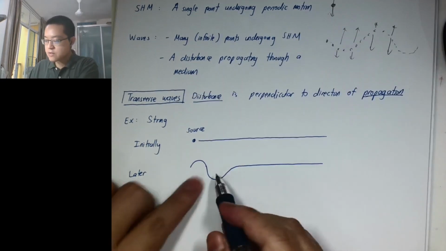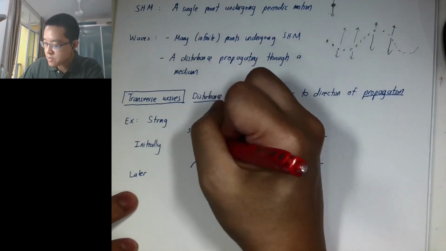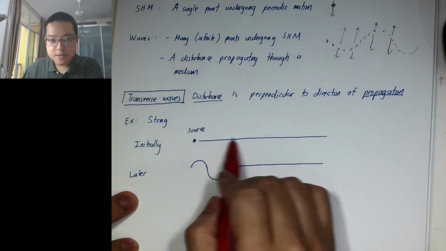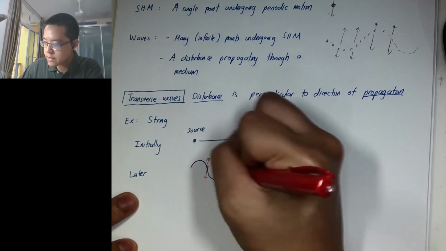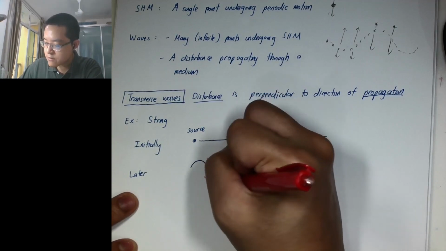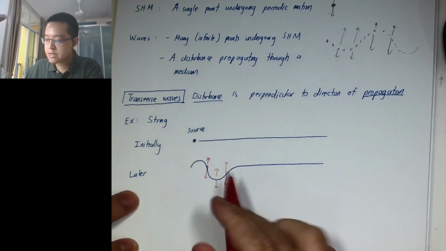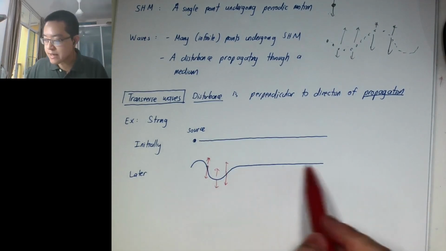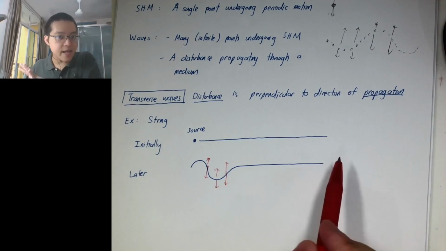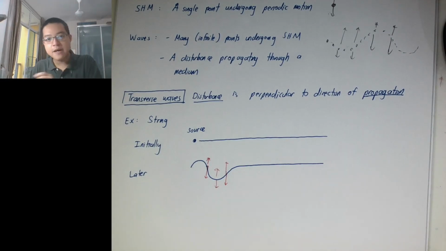Okay. So this string consists of infinitely many points, right? So if you follow one point, this point is going up and down, and then this point is also going up and down. So all these points are going up and down. So every point of the string is going through simple harmonic oscillation. But on the far end, nothing has happened yet because it's still very far away.